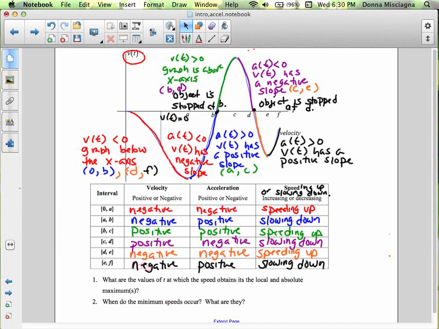We are looking for the local and absolute maximum. Now I am guessing that they're referring not to speeding up or slowing down, but to speed as an absolute value of velocity.